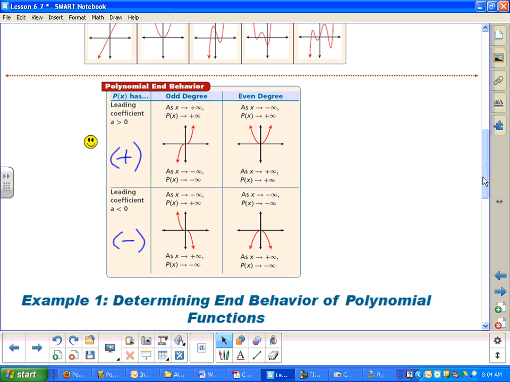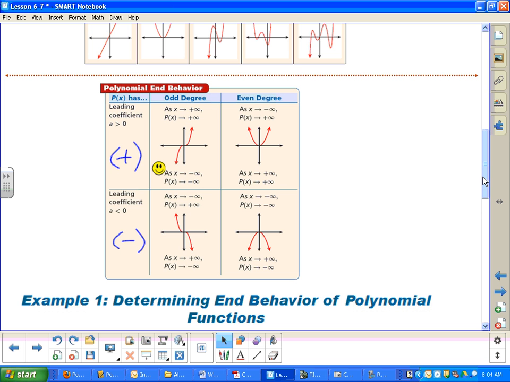It has it written out here. It says, as x goes to, that little arrow there means approaches, as x approaches positive infinity, p of x, which is our y, goes to positive infinity. And as x goes to negative infinity, p of x goes to negative infinity.